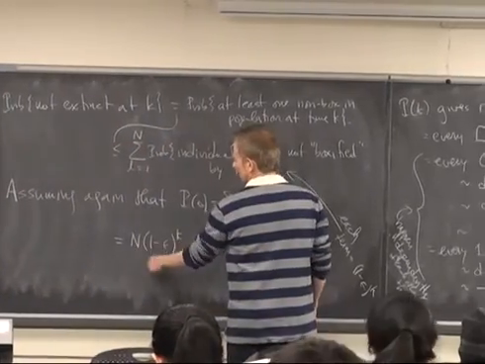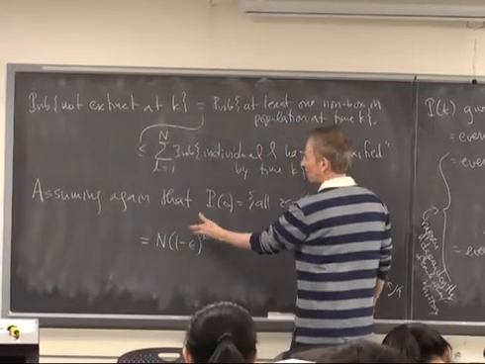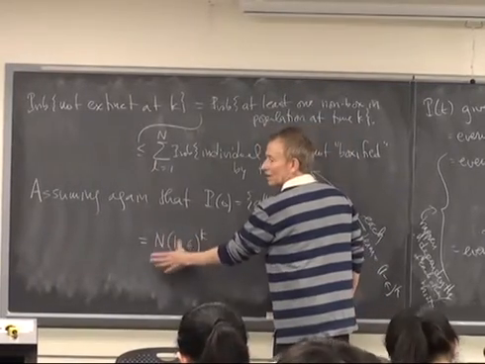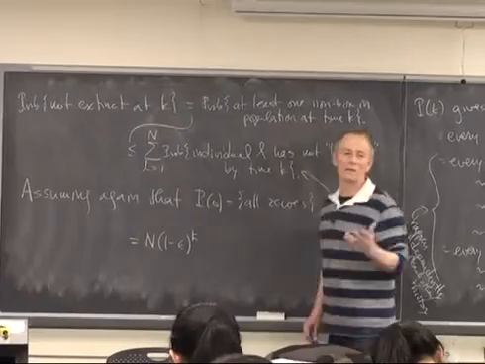Now, obviously, this inequality could be really rough for small k because capital N could make this bigger than 1. And we all know probabilities have to be less than 1.